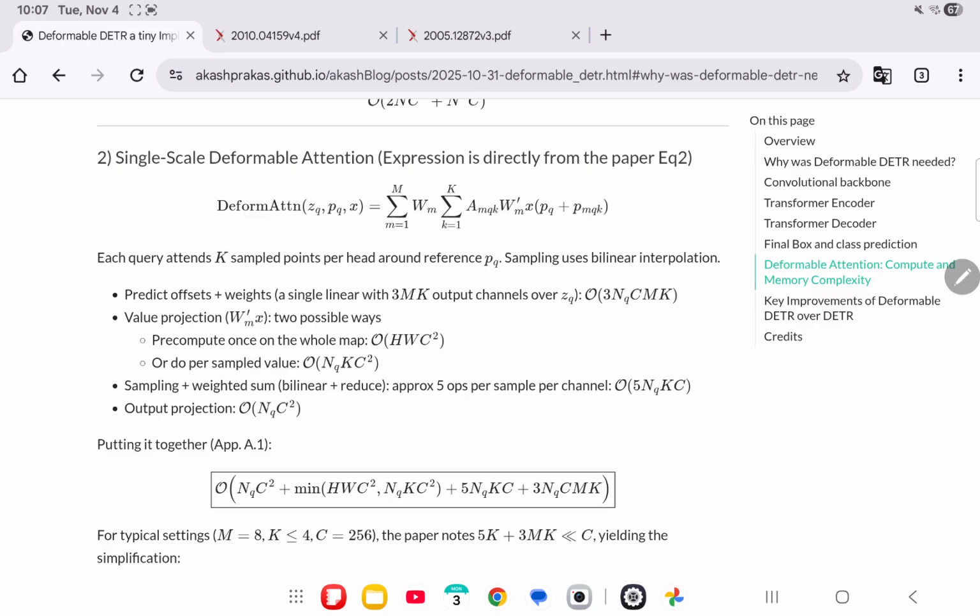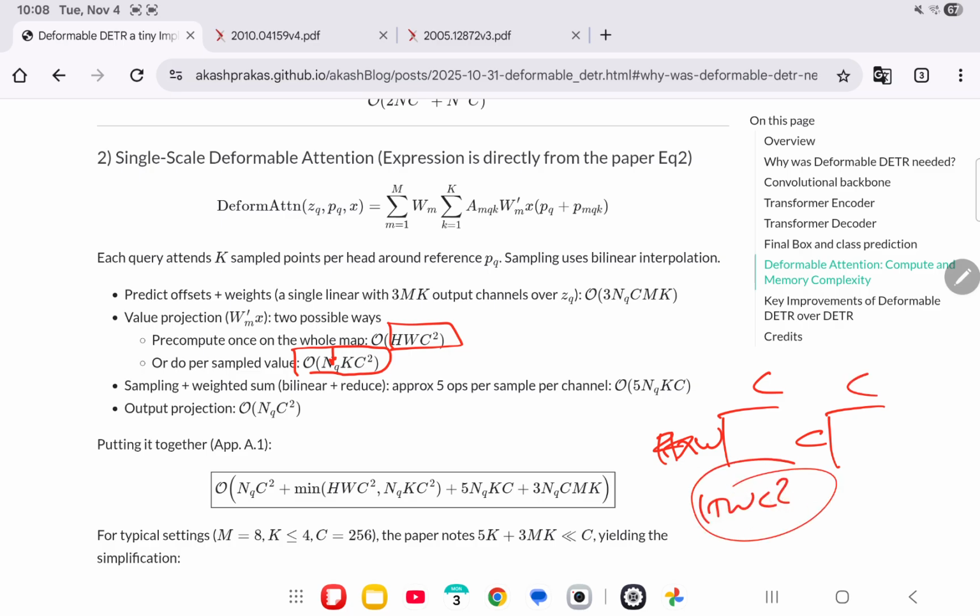And for the value projections, there can be two possible ways. We can actually look into values directly from the queries. This is maybe what is happening in cross attention, and on the encoder side we can pre-compute them, right? It will be like, you have HW into C. Then for value projection you have C by C, so it becomes HWC square by the normal matrix multiplication.